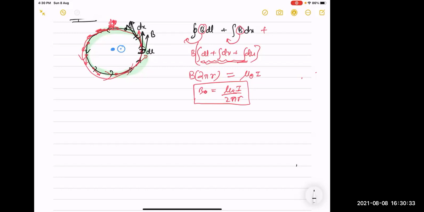A wire carrying a certain current produces a magnetic field of 0.8 Tesla at a distance of 0.5 centimeter. So at 0.5 centimeter, it's 0.8 Tesla. What is the magnetic field at 1 centimeter? So can you repeat the values? At 0.5 centimeter, it's 0.8 Tesla.